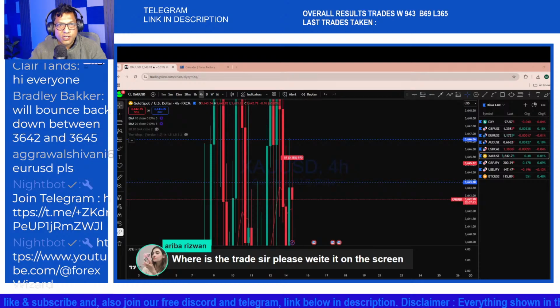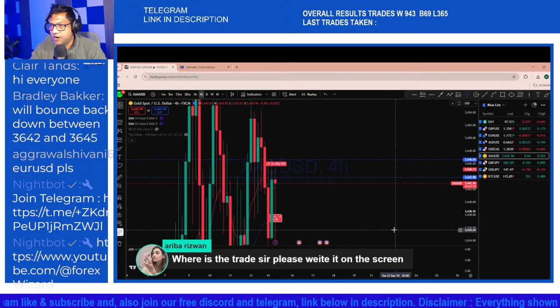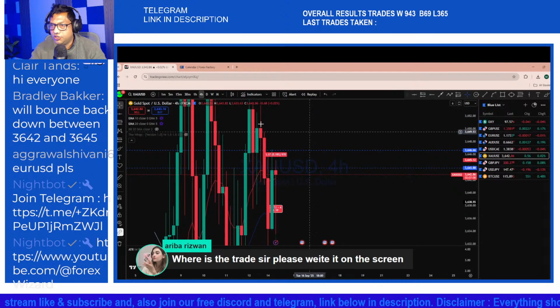So I moved the stop loss a little higher as the market has reached that resistance line.